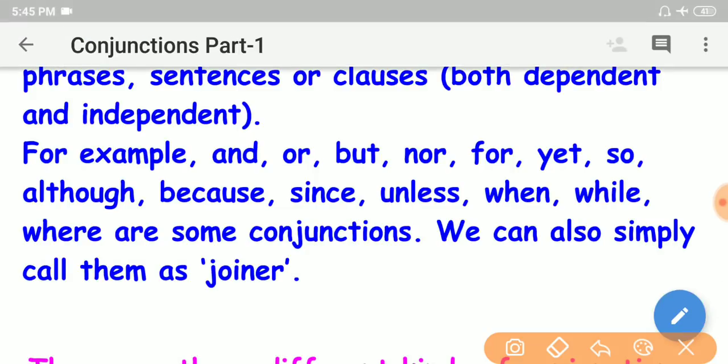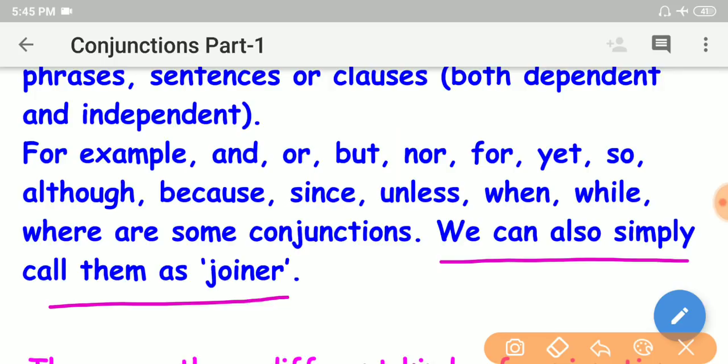At the same time, we can call them joiners because they are used for joining, for linking between two words or two phrases or two sentences or two clauses.